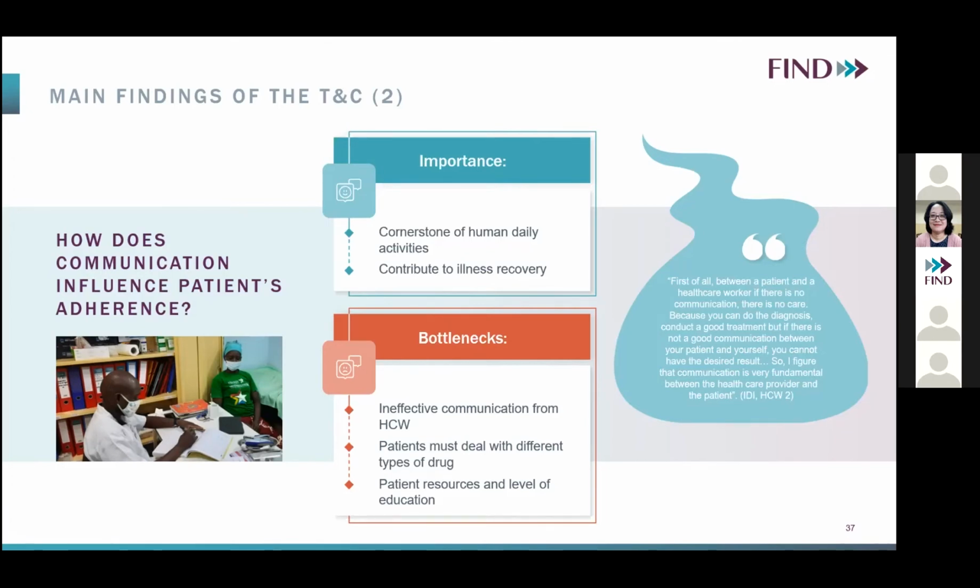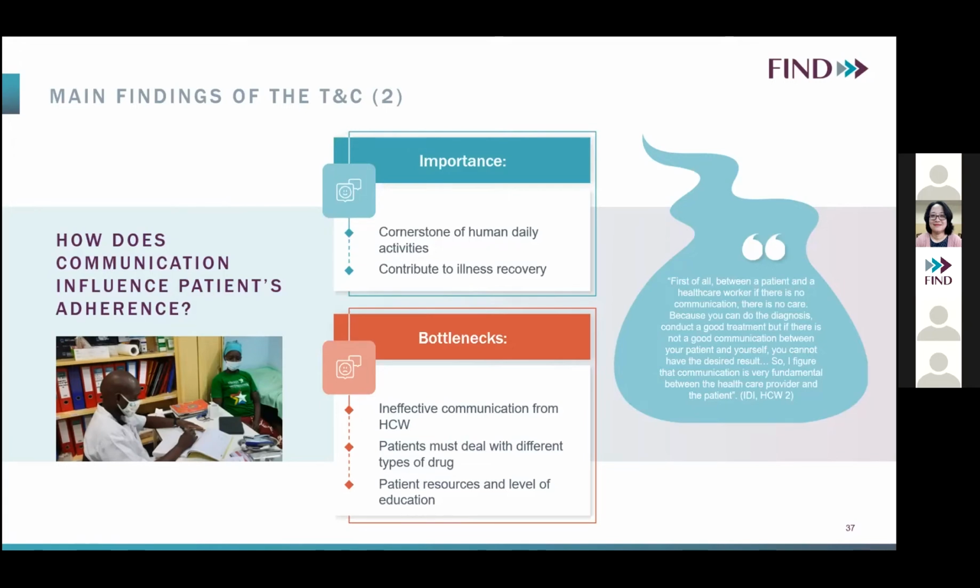You can do the diagnosis and conduct a good treatment, but if there is not good communication between your patient and yourself, you cannot have the desired result. So I figure that communication is very fundamental between the healthcare provider and the patient.